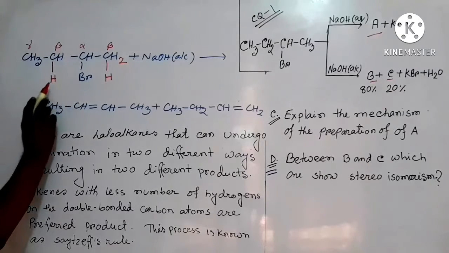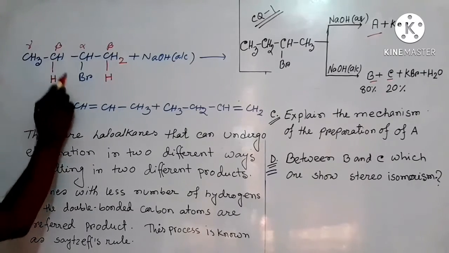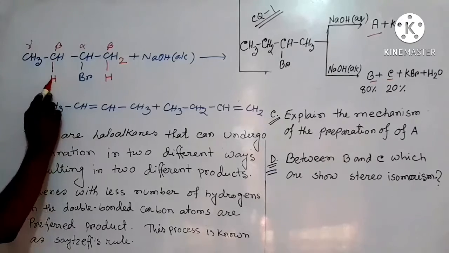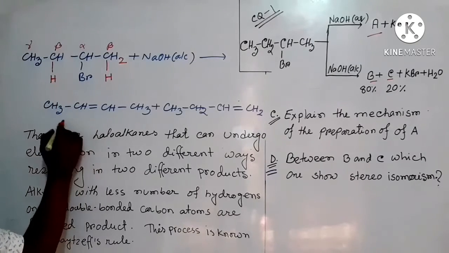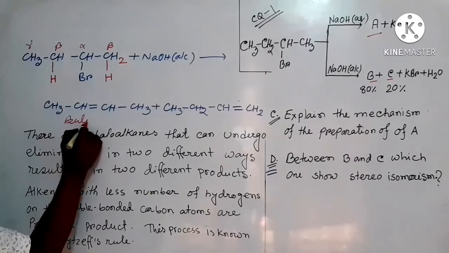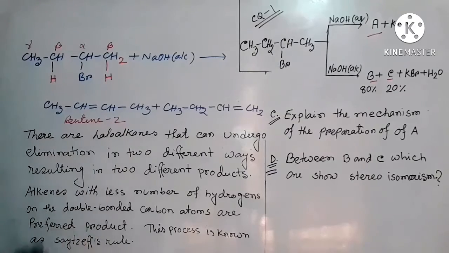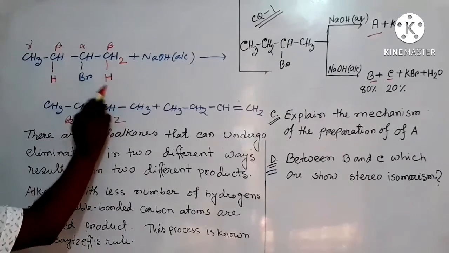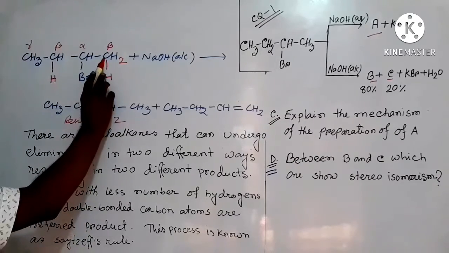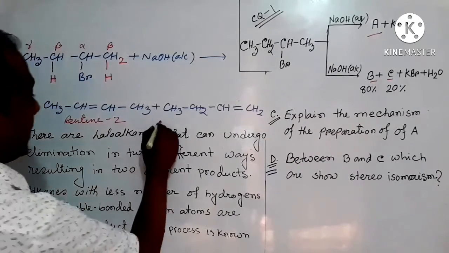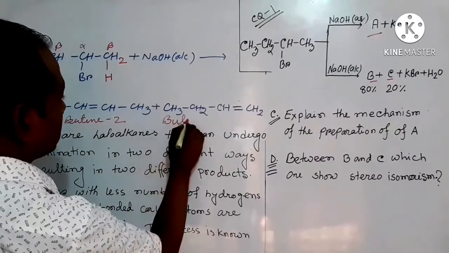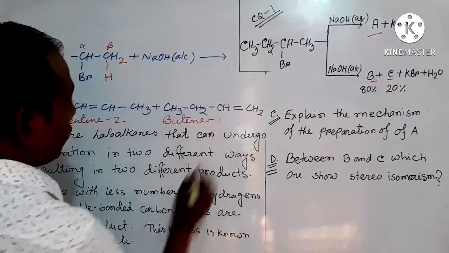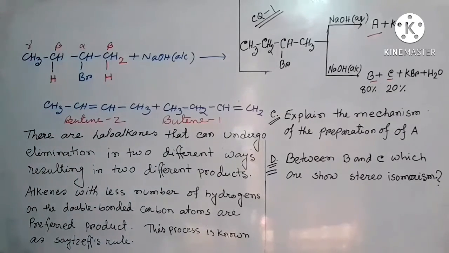If hydrogen is eliminated from this beta carbon, then we get the product butene 2. And if this hydrogen is eliminated from this carbon, then we get butene 1. That means here we get two products.